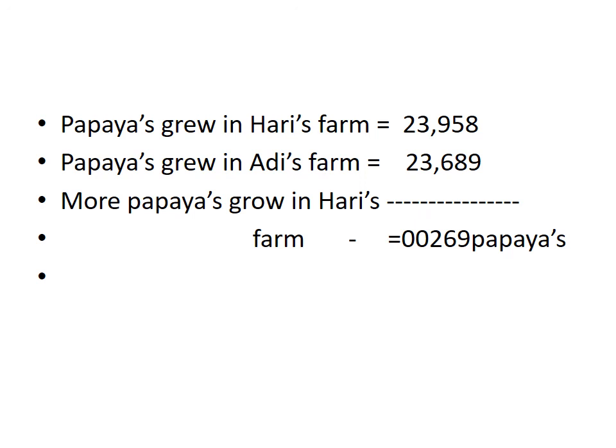And papayas grew in Adi's farm 23689. Subtract both. How much? Subtract. 8 is smaller than 9. Borrow from 5. 18 minus 9 is 9. 14 minus 8, 6. And 8 minus 6, 2. Answer is 269 papayas.